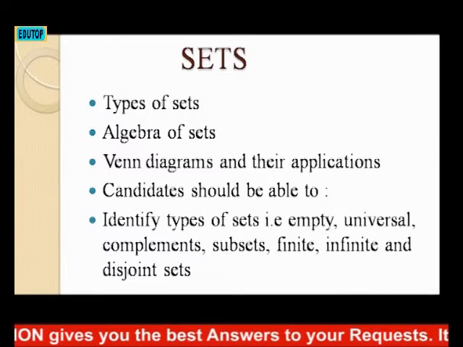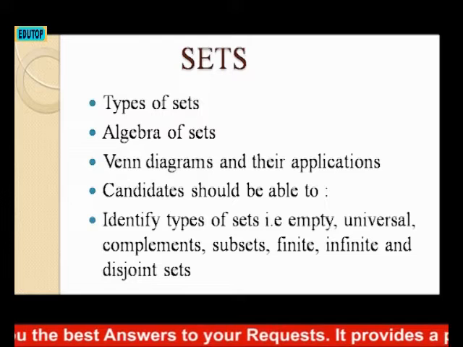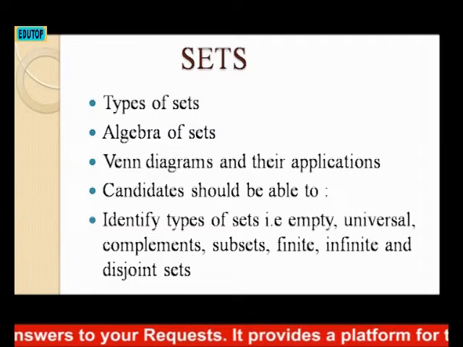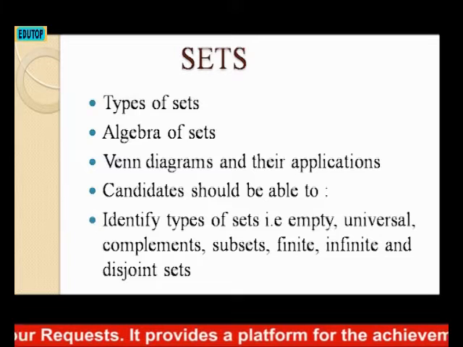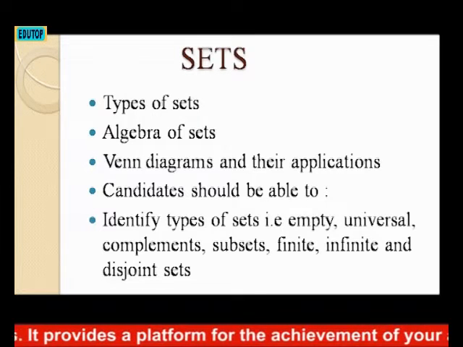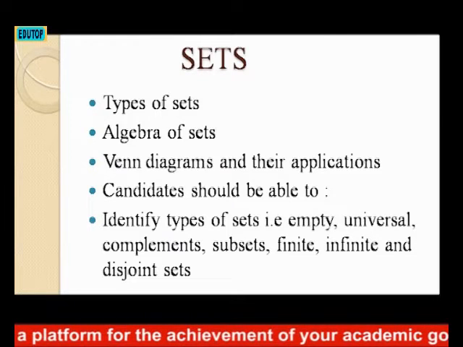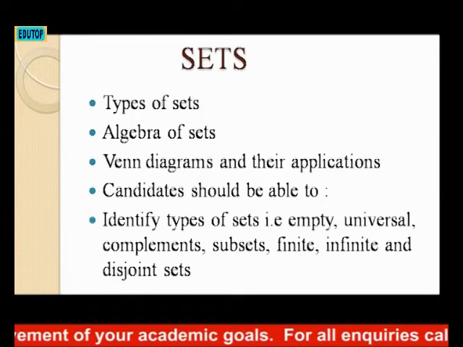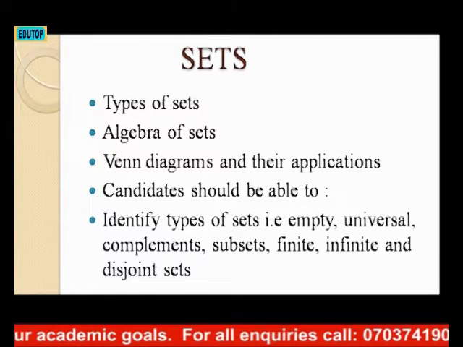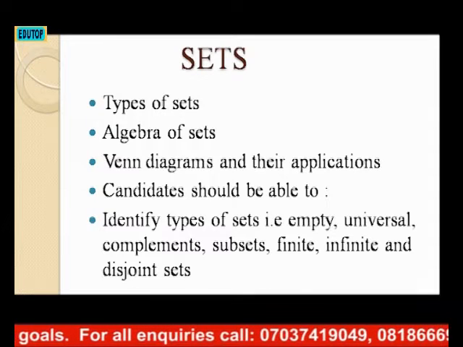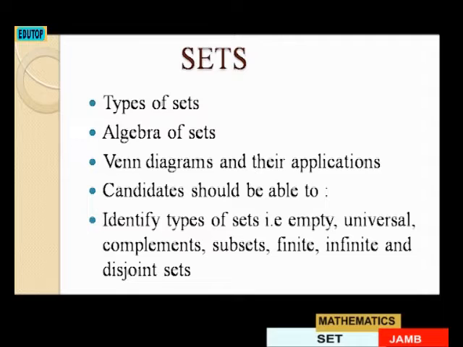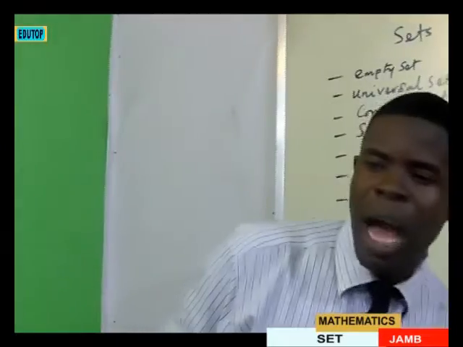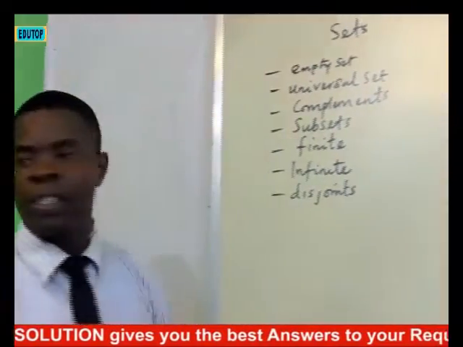Candidates should be able to identify types of sets, that is, empty sets, universal sets, then you have complements, then we have subsets, then we have finite, then we have infinite, then we have disjoints. Now, these are the subtopics that we have under these sets.